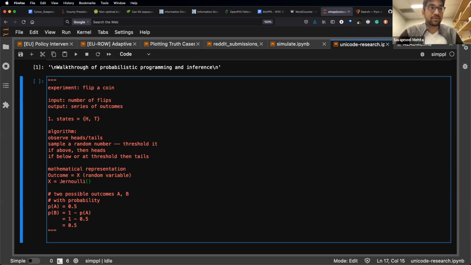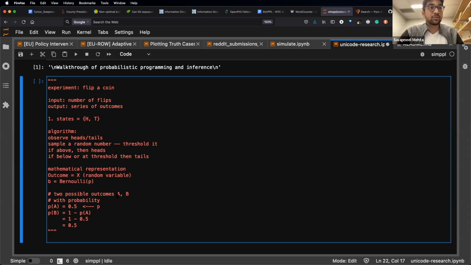So if I had to write a distribution, I would specify this is Bernoulli with a certain probability. So this is the P that I'm talking about. And because the Bernoulli has only two possible outcomes, this becomes 1 minus P by default.